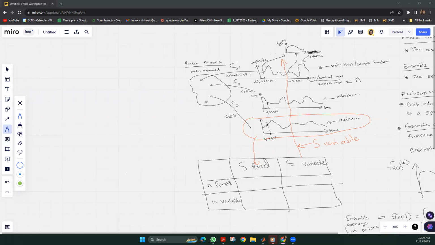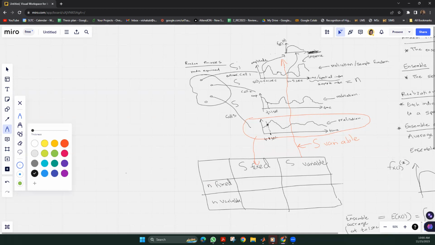Okay, so Matan says it is a point. No, actually, we get a point, right? If we take a certain specific realization and consider a specific time instance, then both of those will satisfy one point in that specific realization. So in that case, what we get is a certain number or a certain point in the plot.